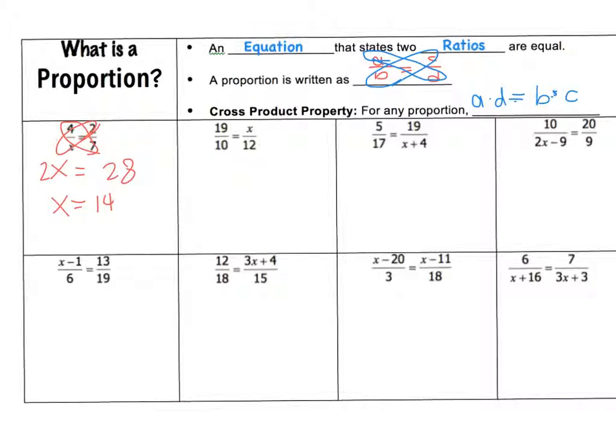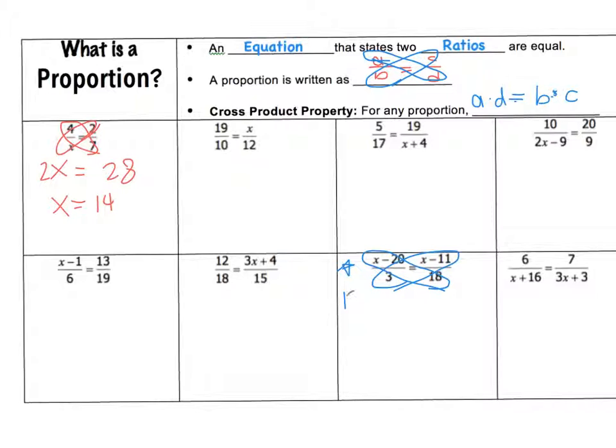Let's do one complicated one together, just so you see how it works. So let's do this one here. The same method applies. We use the cross product. So we'll do 8 times x minus 20 and 3 times x minus 11. It's important to remember that when we multiply here, we're going to have to distribute.